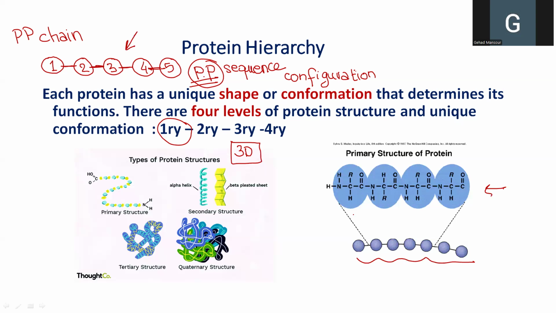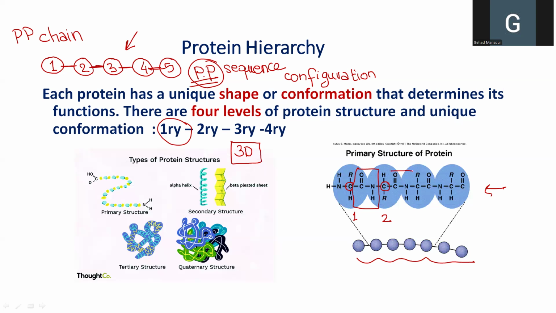Between amino acid number 1 and amino acid number 2, we can see this bond, the C double bond O and H. This is the first peptide bond. What about this carbon atom? This is the central carbon atom of the first amino acid, and this is the central carbon atom of the second amino acid.